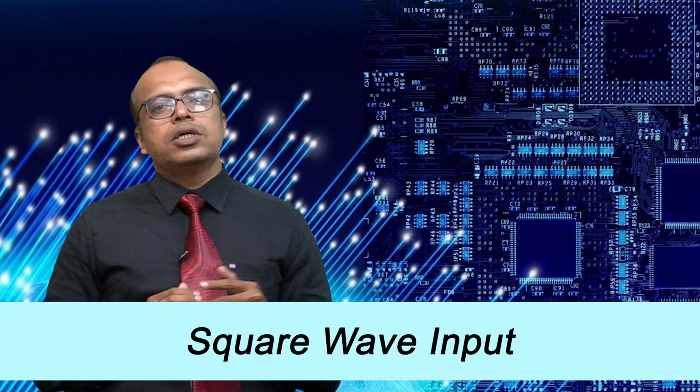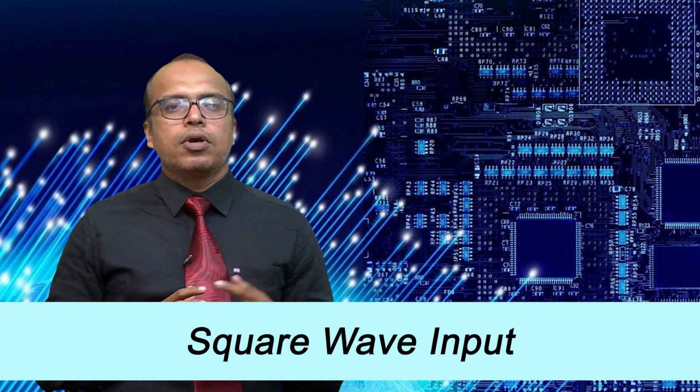The next is square wave input. Input signal: a square wave. The behavior: when a square wave is applied to the differentiator amplifier, the edges of the square wave produce a spike at the rising and falling edges.